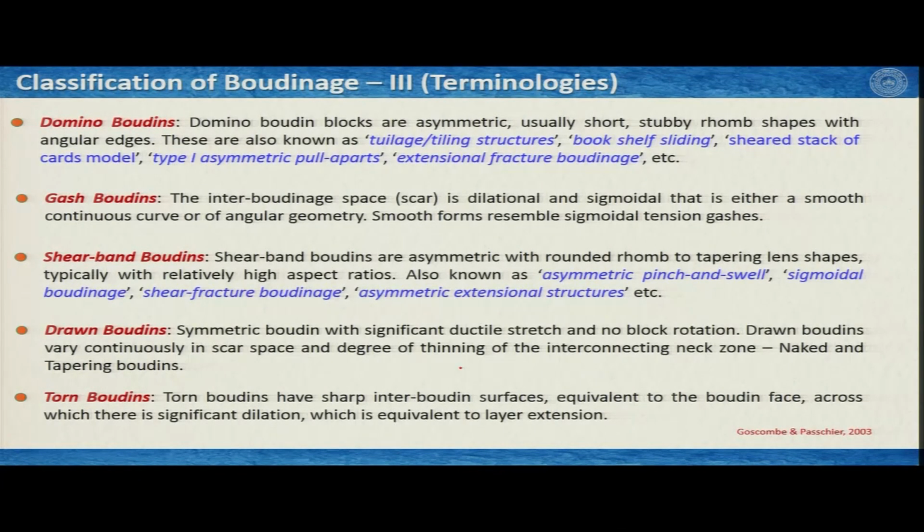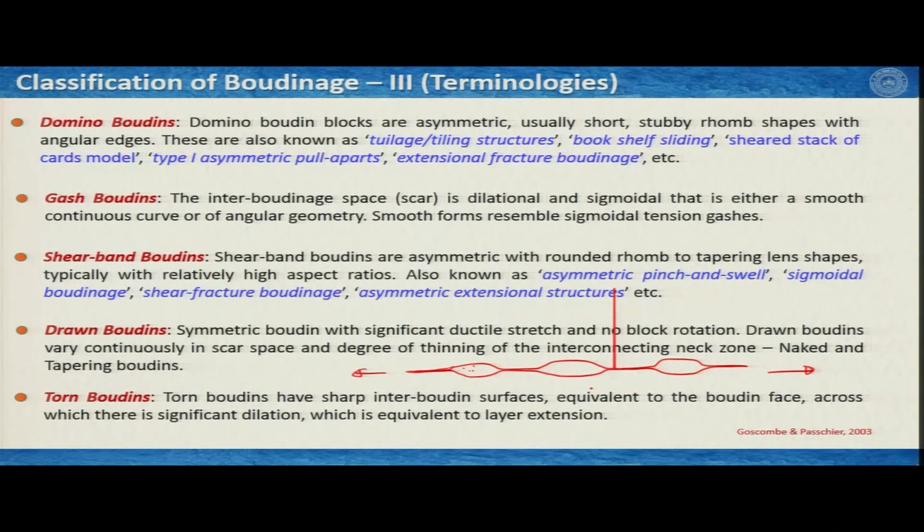So someone is drawing it, so that means it is like this and then you form it this way. Okay. So, you see these are what I have drawn here, tapering Boudin. It is a kind of pinch-and-swell structure, but someone is drawing this layer from both ends and therefore, you see the features like this.